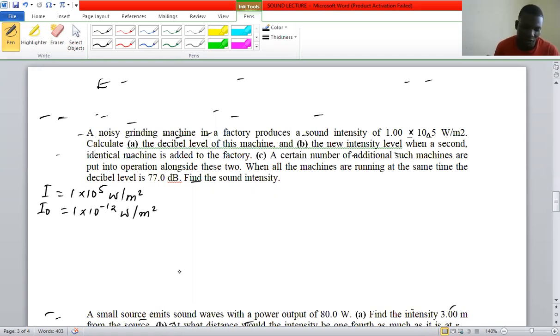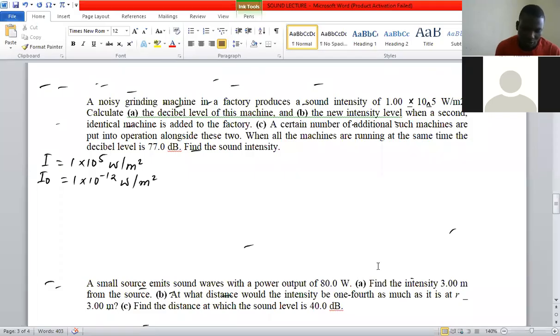You can copy the question, there is no problem. We have those two, and we are looking for the decibel level. I believe today you all have calculators, because myself, I'm not having a calculator where I am.